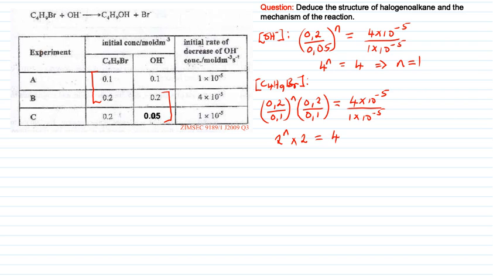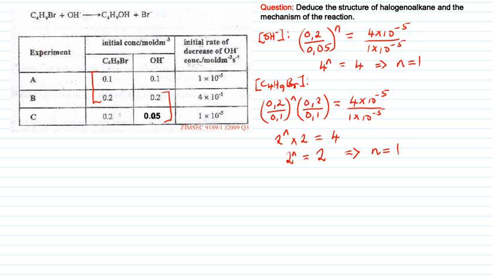So 2 to the power of n is equal to 4 divided by 2, which gets 2, implying n is equal to 1. So it means the order of reaction with respect to each reactant is 1.